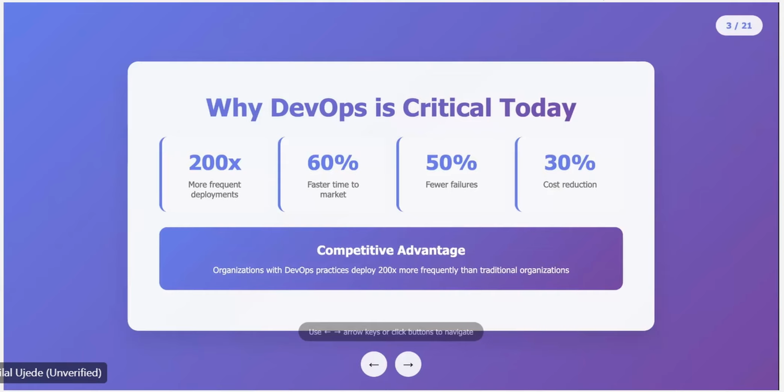That's why automation can help reduce a lot of cost. So there are a lot of competitive advantages out of that. These are the four major advantages that companies are looking for right now: the most frequent deployments, faster time to market, as few failures as possible, and definitely cost reduction, which is another aspect companies are continuously focusing on.